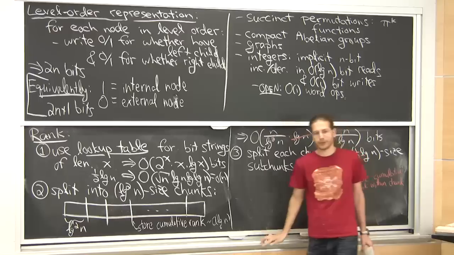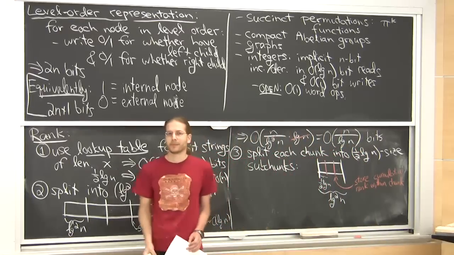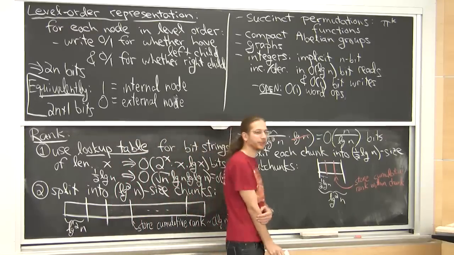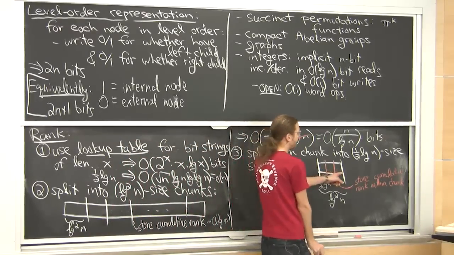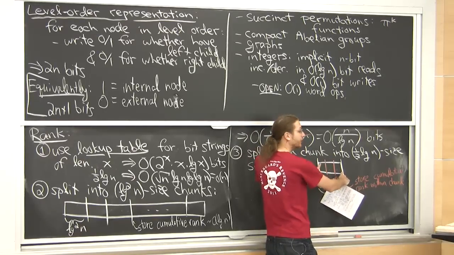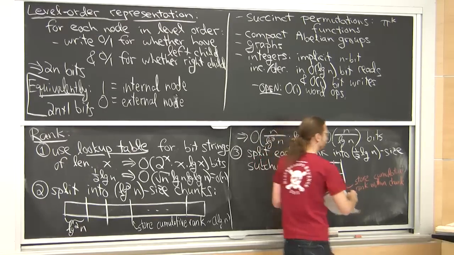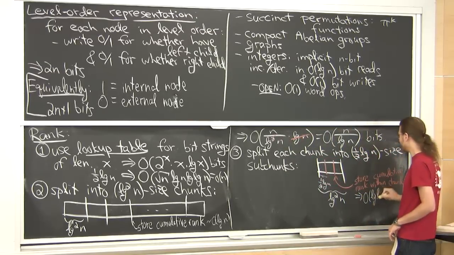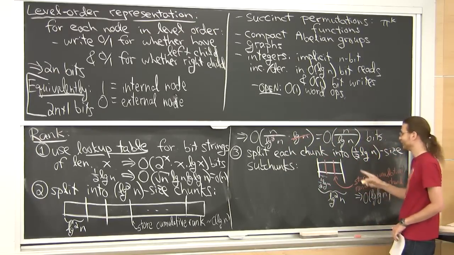Okay, why does that help me? Need fewer bits. These ranks can't get too big because the overall size of a chunk is just log squared. Log of log squared n is log log n. So I only need log log n bits to write down those cumulative ranks.